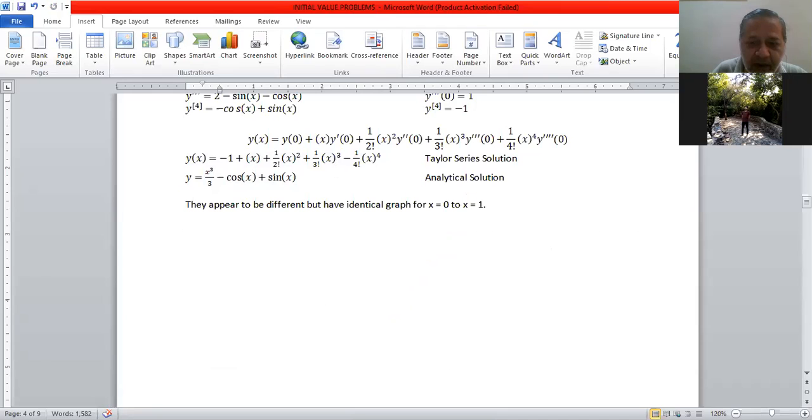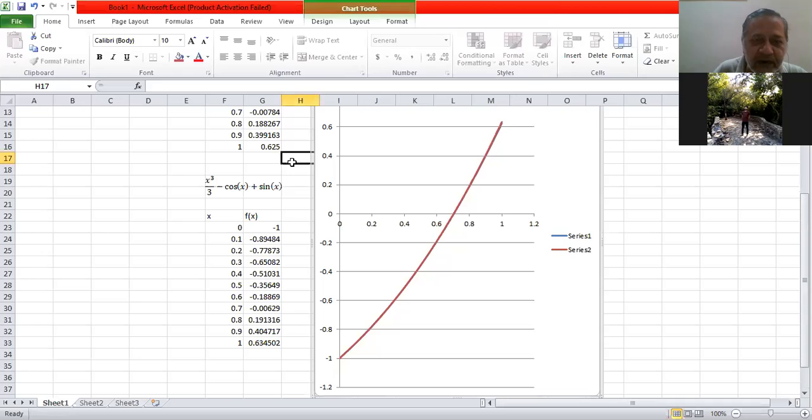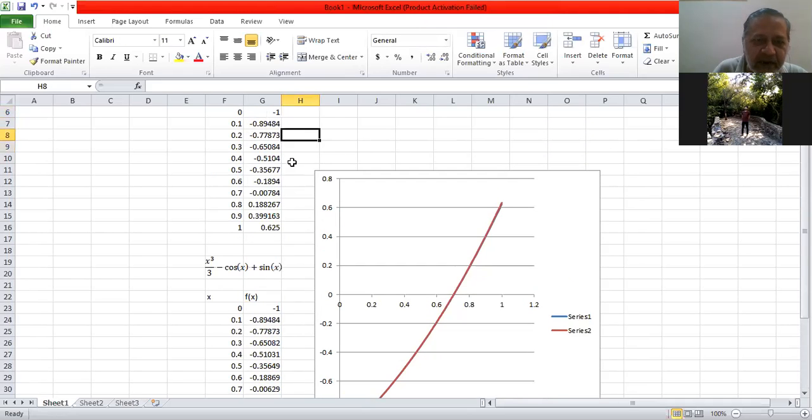There is some error that can be recognized from values of the function. -1 में मैच कर रहा है 0.1 x equal to 0 पे, ये वैल्यू -1 और ये वैल्यू -1 एग्जैक्टली सेम है. x equal to 0.1 पे भी हमें एग्जैक्टली सेम वैल्यू मिल रही है, 0.2 पे भी सेम, 0.3 पे जाके थोड़ा सा फर्क आ रहा है, वो 5th डेसिमल प्लेस पे आ रहा है, 0.4 पे फर्क आ रहा है और वो 4th डेसिमल प्लेस पे आ रहा है. तो चूंकि एरर्स इतने स्मॉल हैं जो कि मेरे ग्राफ में नजर नहीं आ रहे, so we do have errors but they are not appearing in the graph.